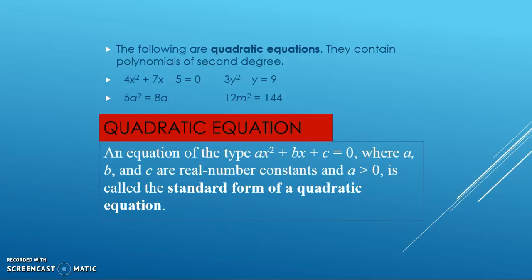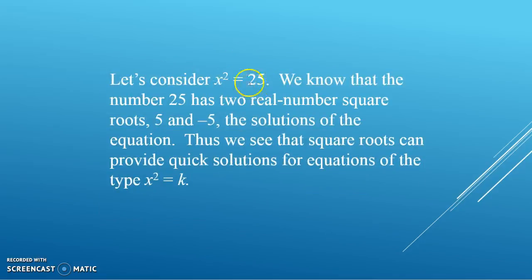So if it's in a form, for example, like this, x squared equals 25, we can easily take the square root of both sides to figure out what x is going to be equal to. Keep in mind, whenever we do a square root, it's going to be plus or minus. So the square root of x squared is going to be plus or minus 5. Okay, so keep that in mind.